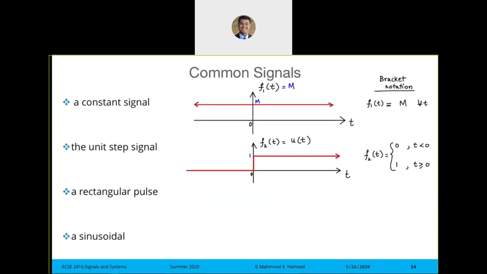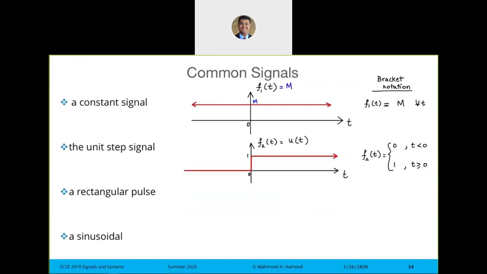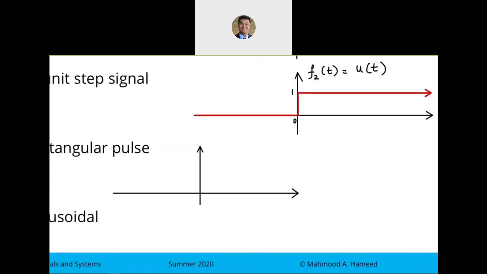A rectangular pulse. Let's draw that again over here. I've got x-axis, time, f3 of t, in red, some arbitrary pulse. I will start at some time and be on for some time and then come back to 0.